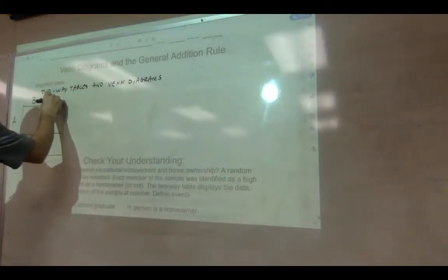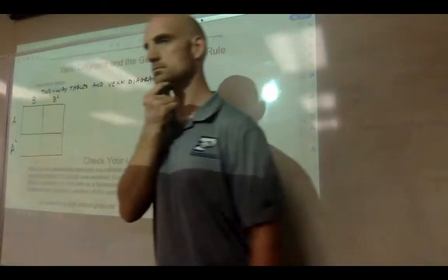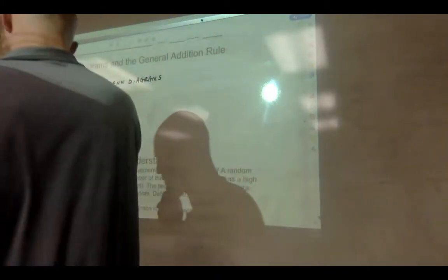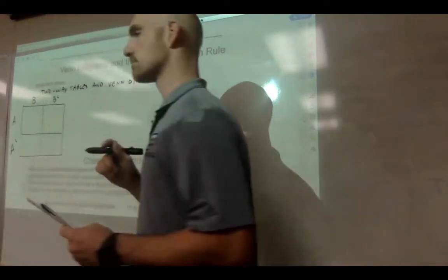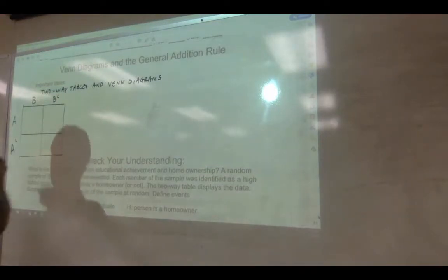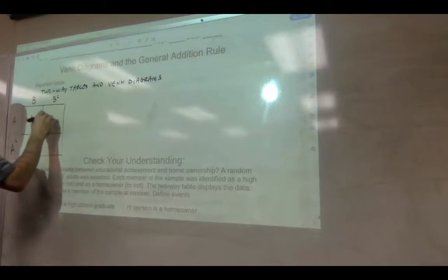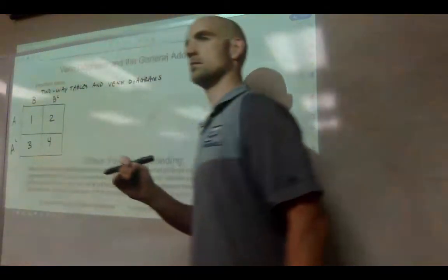The complement of B goes here. The complement of A goes here. 4 things happen. You get 4 numbers, right?